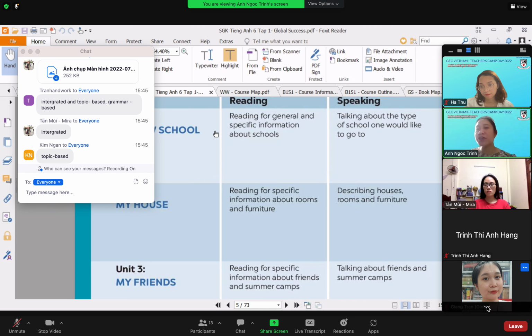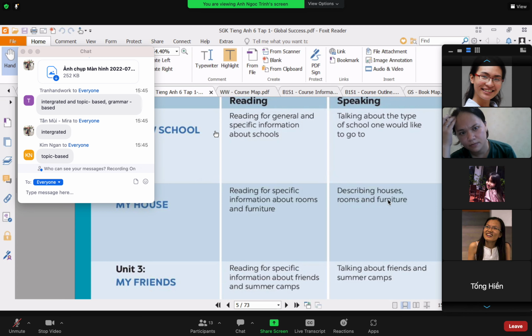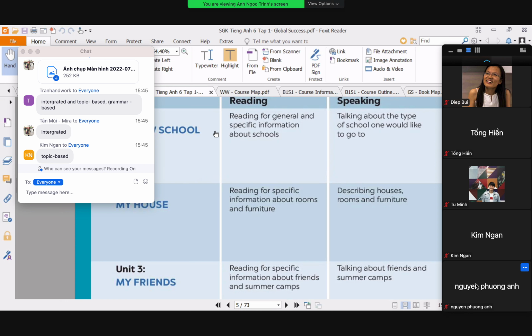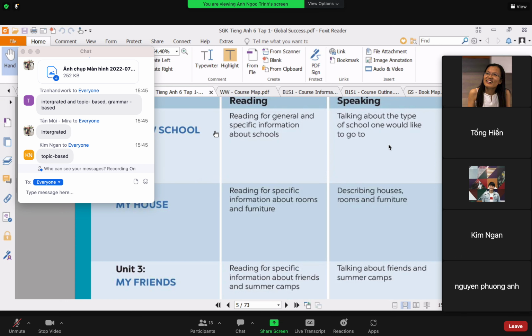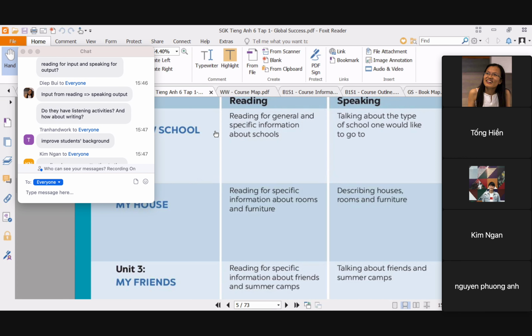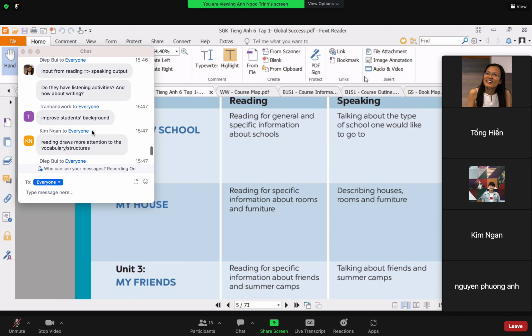The reading and speaking: they want to provide some input from reading, to provide vocabulary and structure so that students have opportunities to activate vocabulary and structures in speaking. So reading is an input and speaking is output. I agree with Ngan and Diep in the chat box.